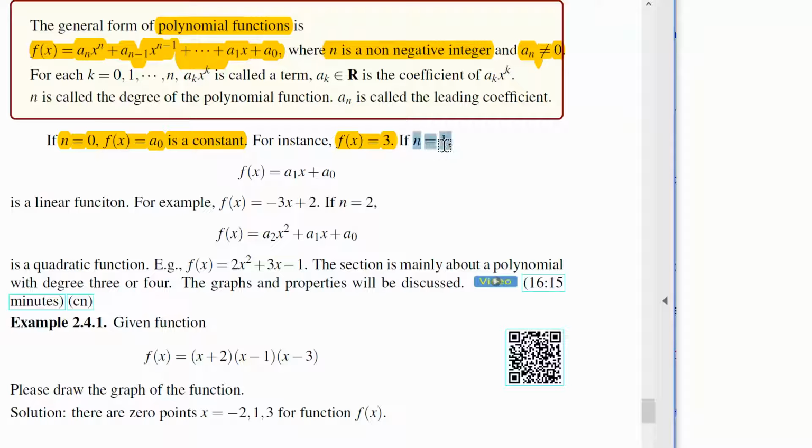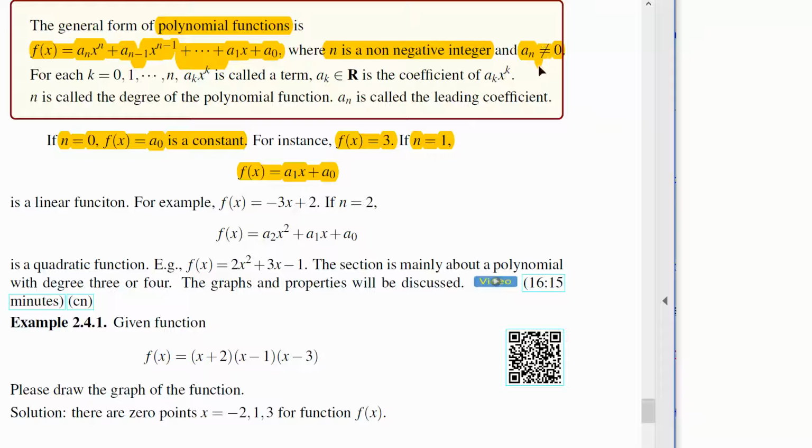Well, n can be 1. Then the function is f of x equals a sub 1 times x plus a sub 0. That's a linear function with slope a1.